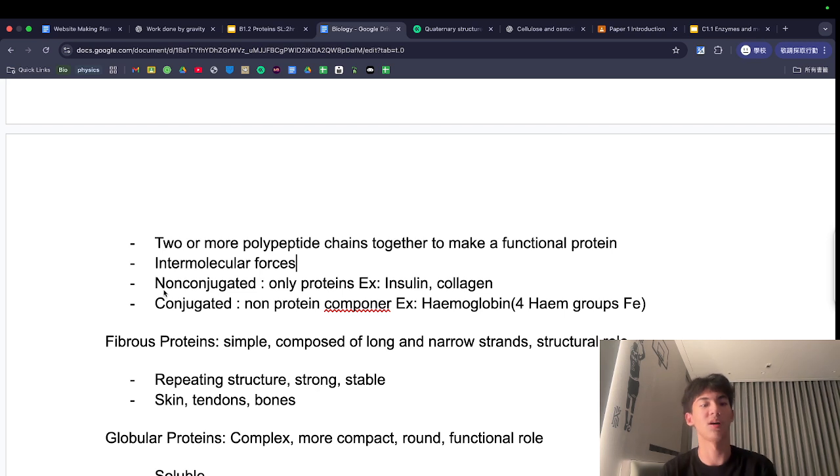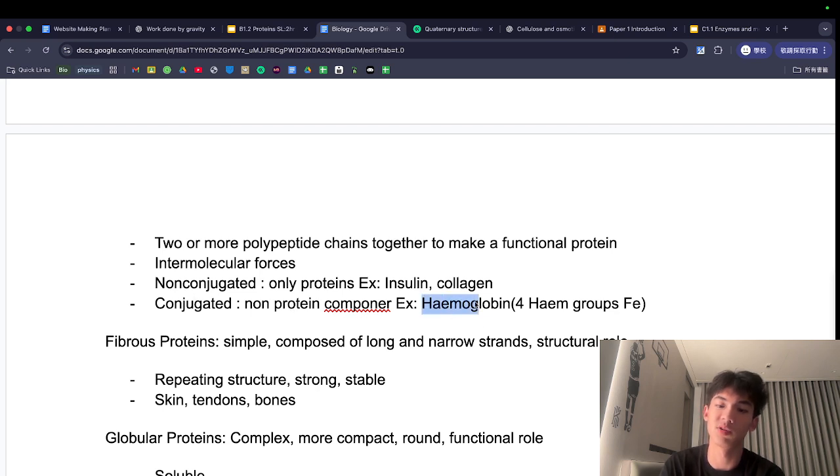There are two types, non-conjugated and conjugated. Non-conjugated means that you have only protein making up the protein. For example, you have insulin and collagen. Conjugated means that it has a non-protein component.